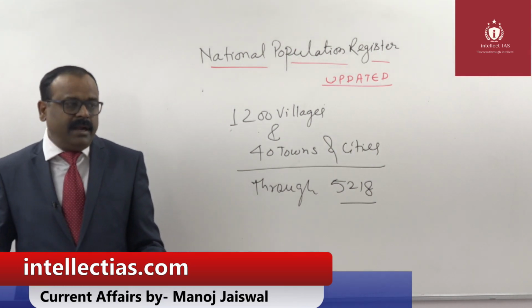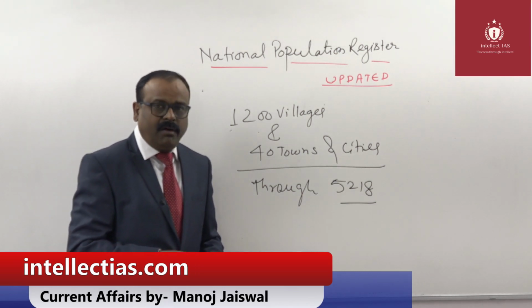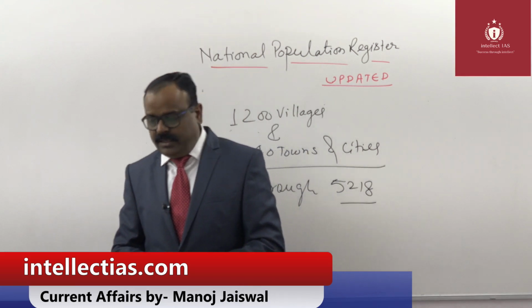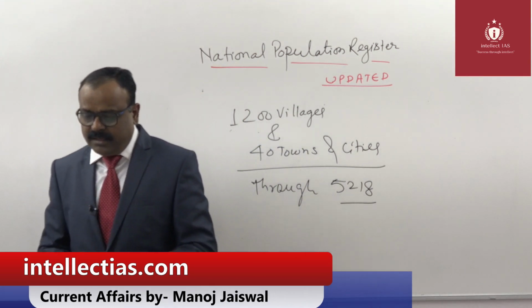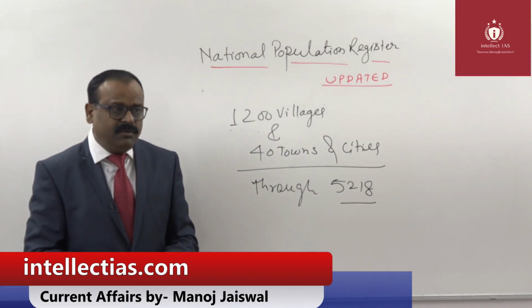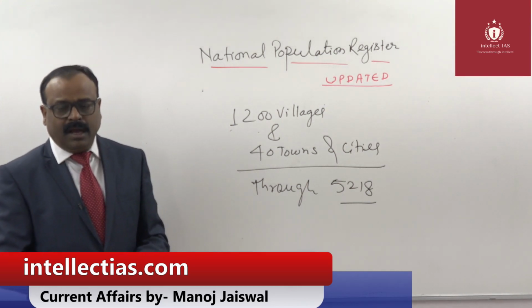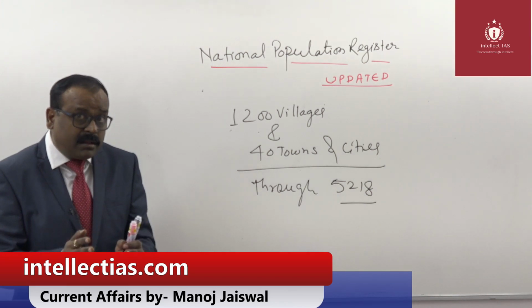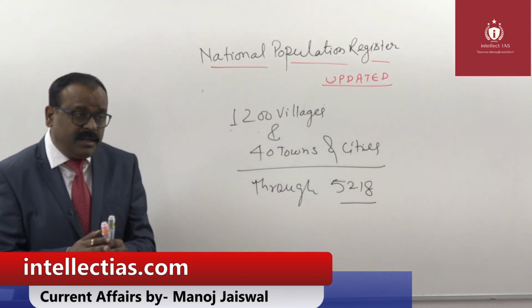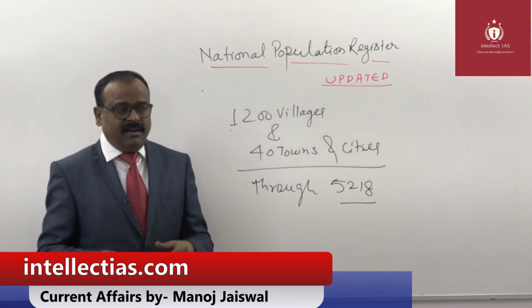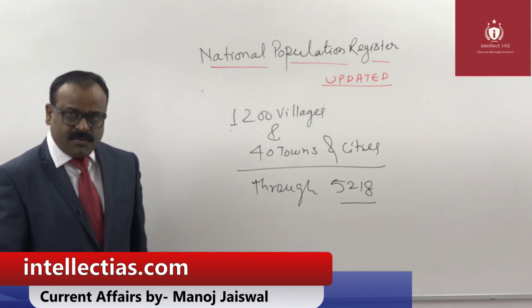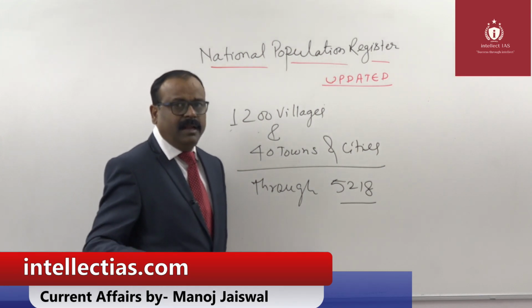As we know that in Assam there is already a very clear-cut NRC exercise, and that is why it is not going to be conducted in Assam. So these all are the informations related with NPR.